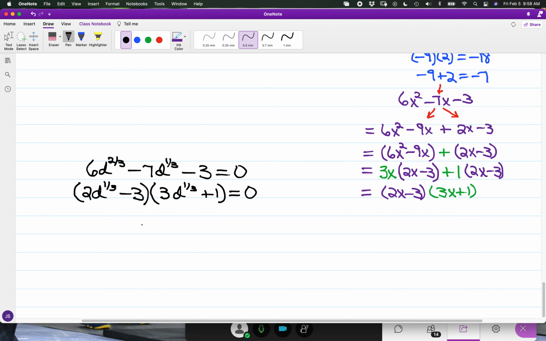And utilizing the zero product property, if I set each of the factors equal to 0, here we have 2d to the 1/3 minus 3 is equal to 0, and also 3d to the 1/3 plus 1 is equal to 0.